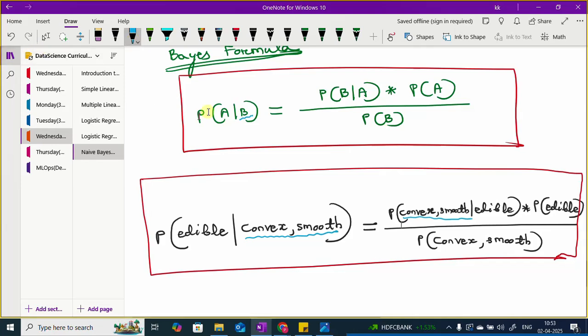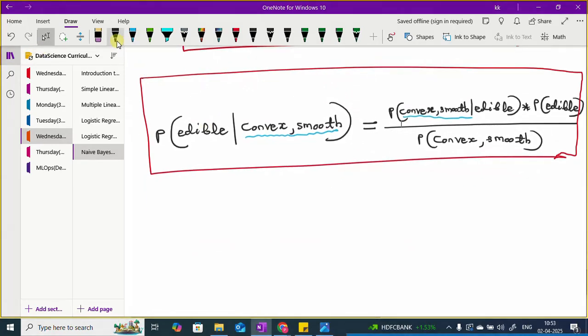So tomorrow, if somebody asks, could you please tell me the probability of poisonous, given, let's say, instead of convex, what is the other one? It was convex, another the Bell, right?